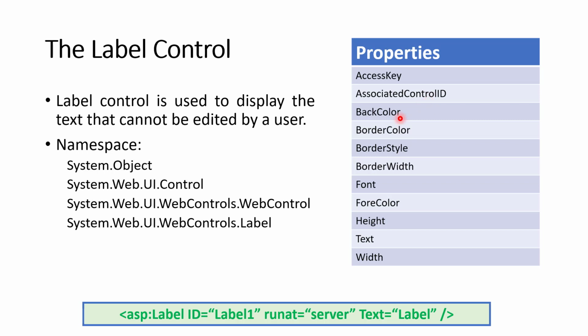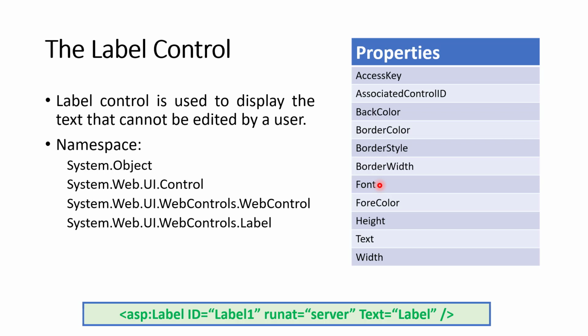Next is back color. It is used to specify the background color of the label control. Next is border color. It is used to specify the border color of the label control. Next is border style. It is used to give border style to the label control. Next is border width. It is used to specify the border width of the label control. Next is font.